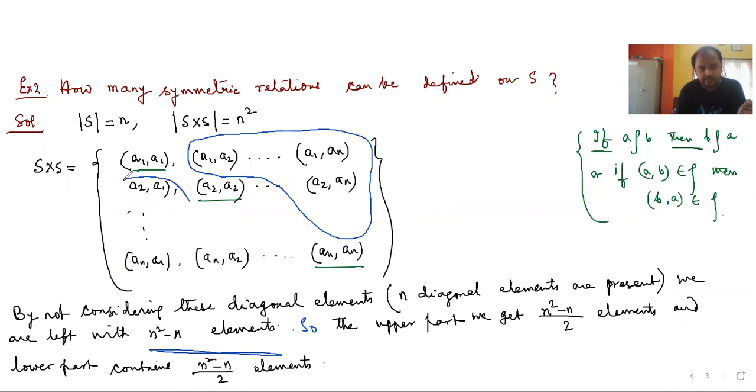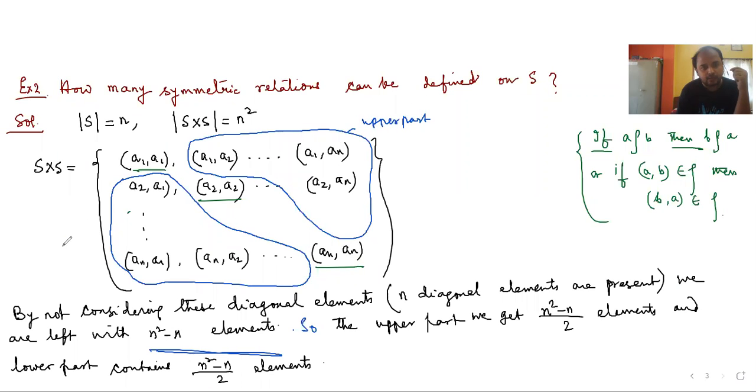This part will also be included. Since I have not written all the elements properly, actually this will be like this. This particular part will not be present because it is the diagonal element. Now this is the upper part, and this is the lower part.